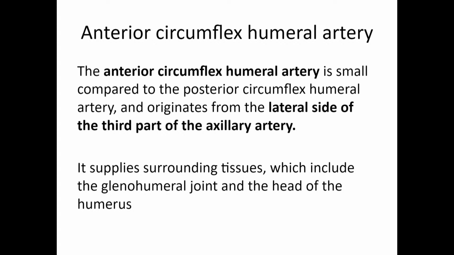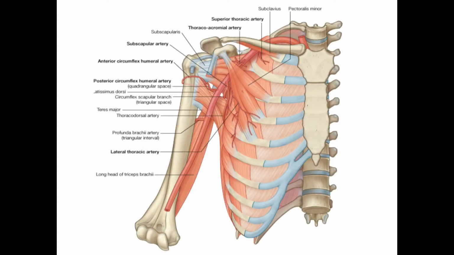So in this picture we can see the third part of the axillary artery, and this is the posterior circumflex humeral artery, and in lighter color you will be able to see the anterior one.